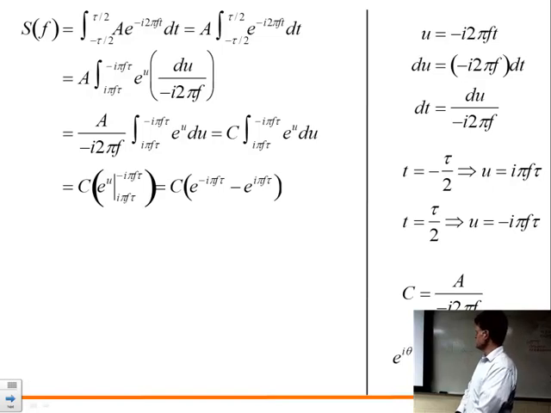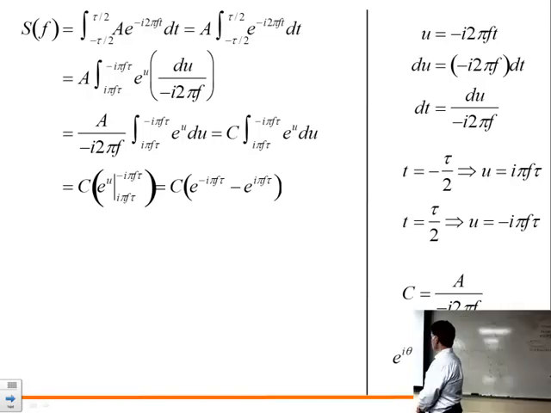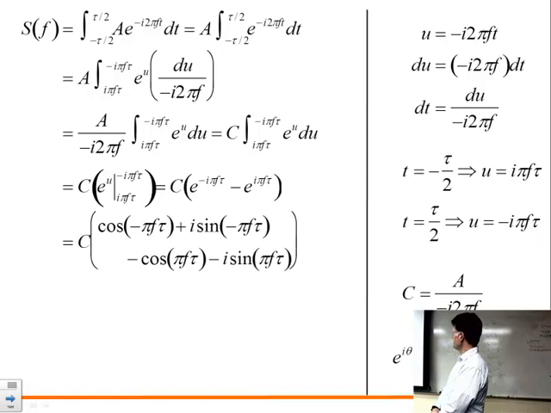What's next? Now I have to use Euler's formula, because if I use it here, I'll get to simplify a lot of stuff. You'll see a lot of stuff will cancel. So now I can plug in Euler's formula in two places, right here and right here.